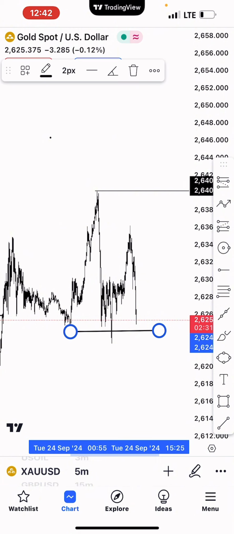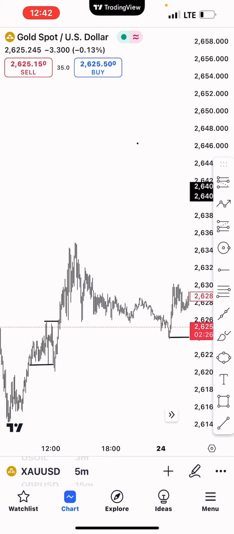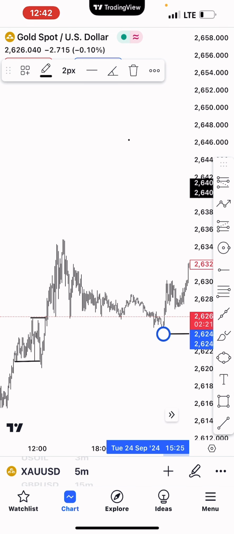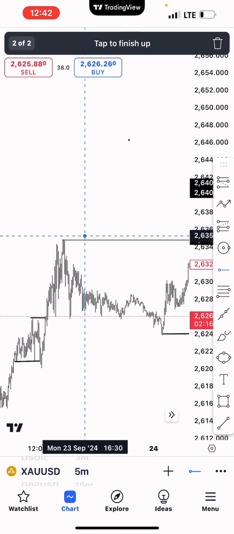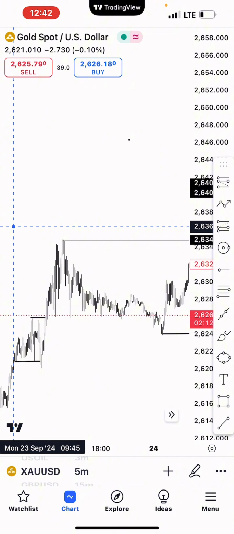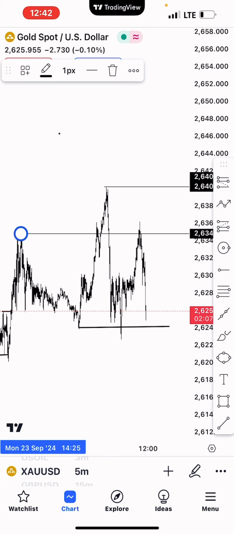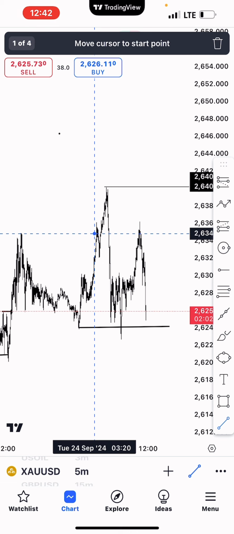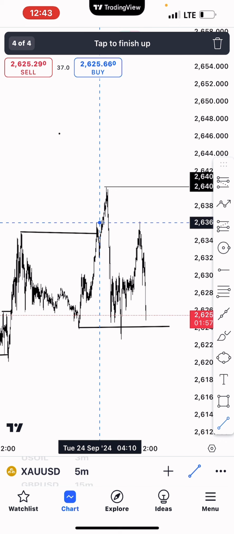That structural liquidity is meant to be swept later on. After the structural liquidity was created, the market created a second break of structure, which you can clearly see right there.